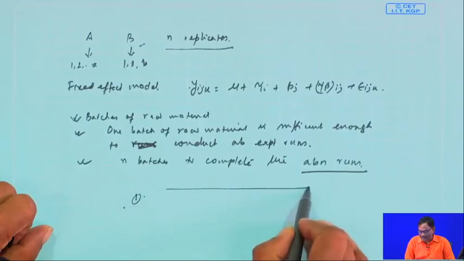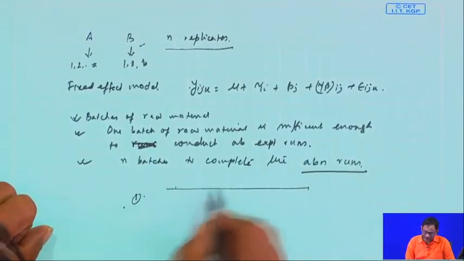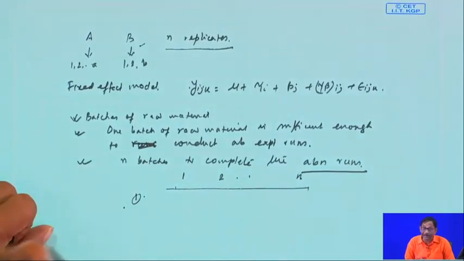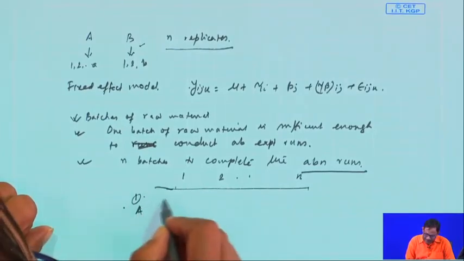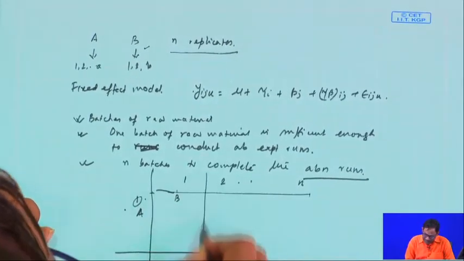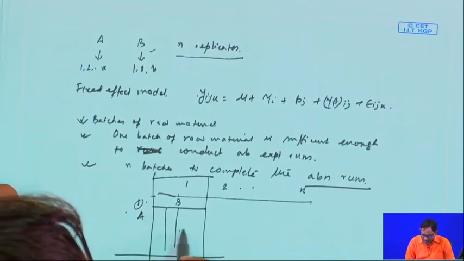So, n batches will be n blocks, and suppose 1, 2, up to the nth batch, and again I have A on this side and B on the other, with different levels.